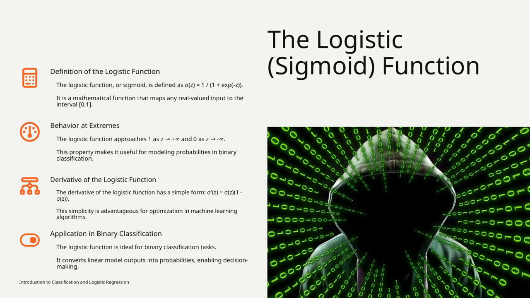Let's explore the logistic function, also known as the sigmoid. It's defined mathematically as sigma of z equals 1 divided by 1 plus the exponential of negative z. Essentially, this function takes any real number as input and maps it to a value between 0 and 1. This property is particularly useful because it allows us to interpret the output as a probability, which is crucial in binary classification tasks.